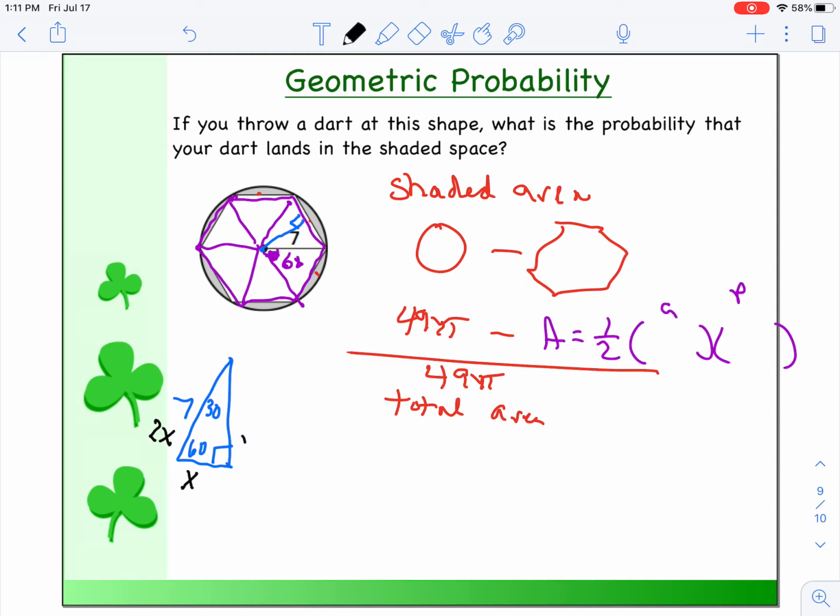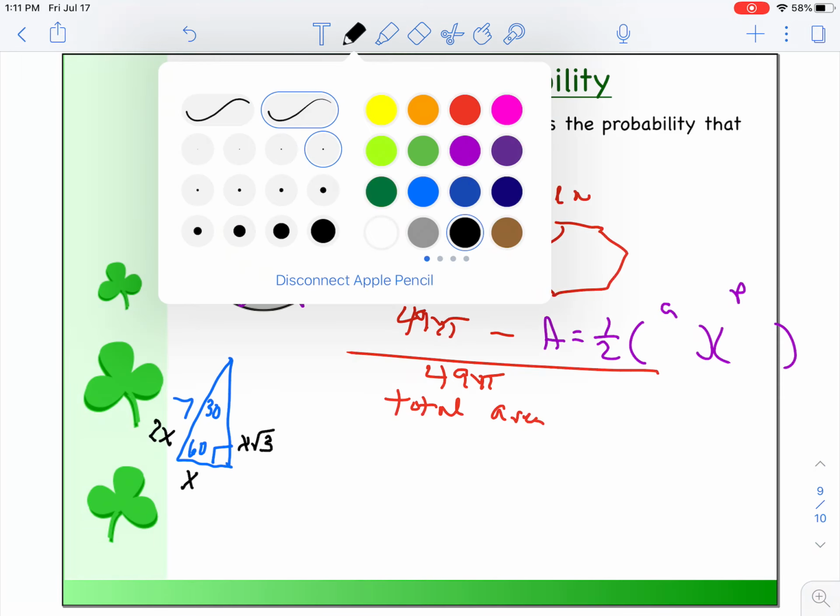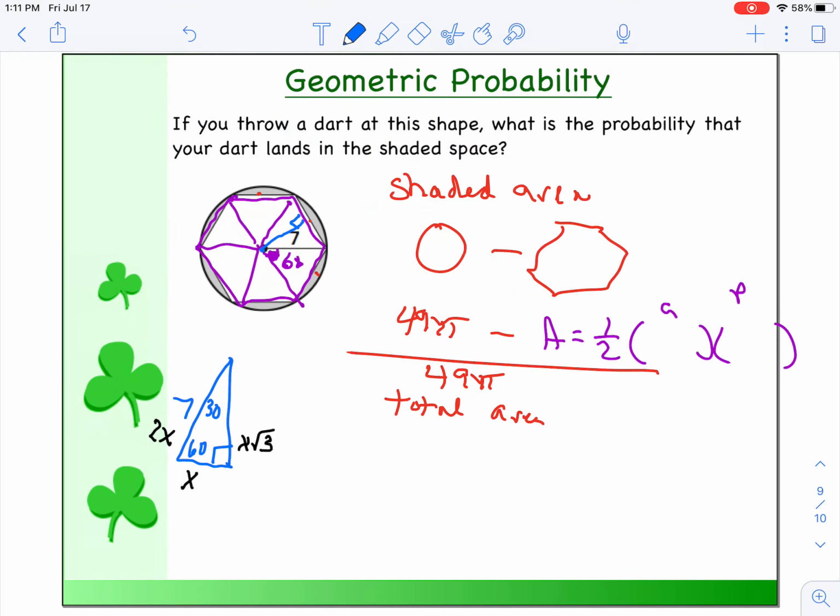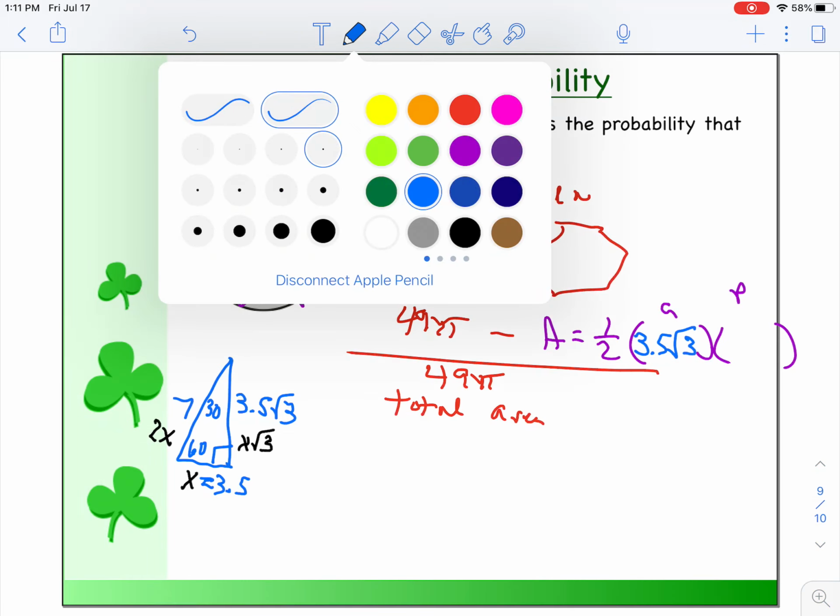If you want to use your 30-60-90 degree triangle ratios, remember that the shorter side is x, the hypotenuse is 2x, and the longer side is x root 3. You could also use trig on this if you prefer. But since this is 7, I know this is 3.5, and the apothem then is 3.5 root 3.